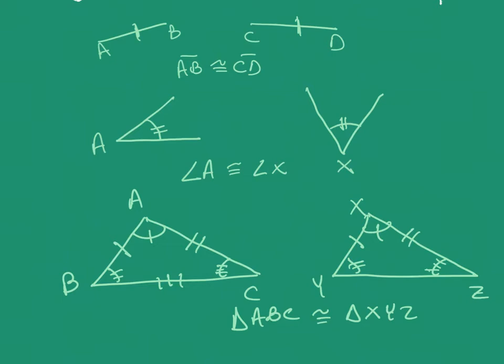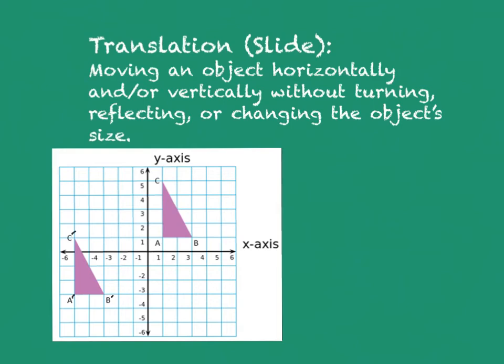Now let's see how that applies to isometry. So in a translation, we're moving an object horizontally and or vertically without turning, reflecting, or changing the object's size. So the new object is going to be congruent to the original. Now it's important to note that the new object is called the image and the original is called the pre-image.